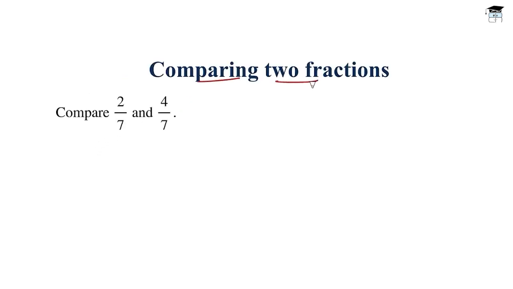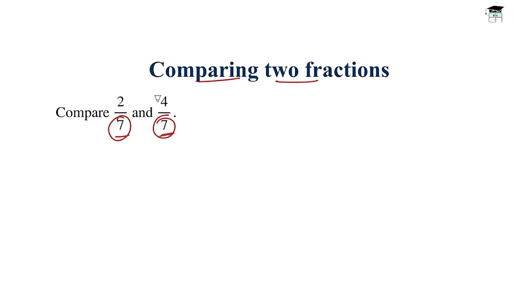So let us compare these two fractions and find out which is the smaller fraction. Here we are given two fractions, so we have to compare and check which is the smaller. In this question, both the fractions have the same denominator, that is 7. So we just compare the numerators and check which one is smaller.